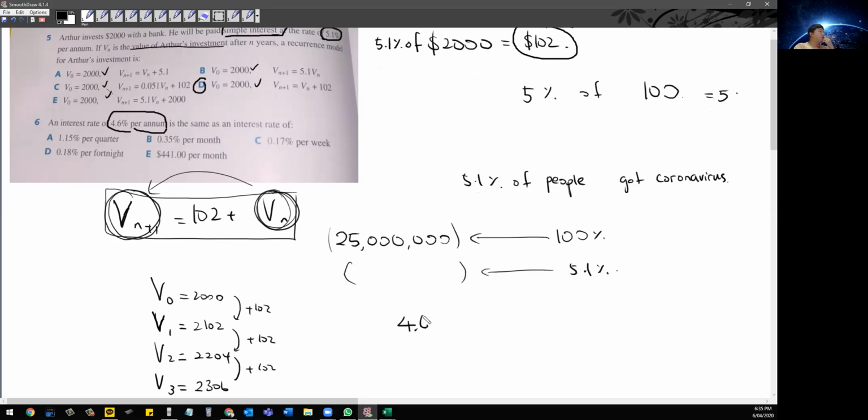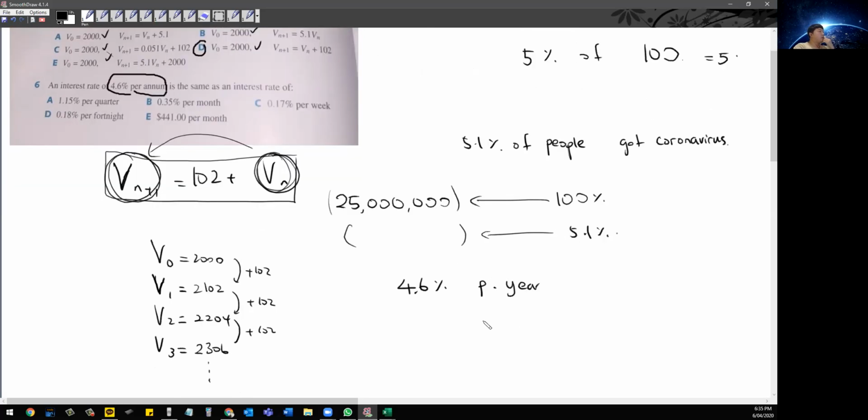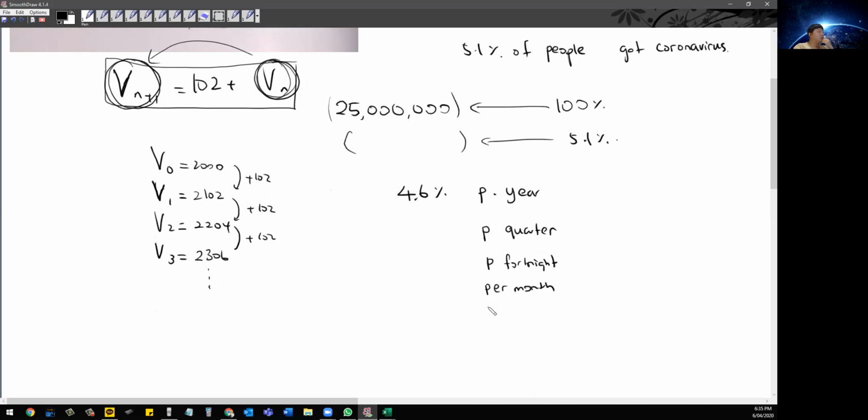So 4.6% per year, and we're going to figure out the per quarter, per fortnight, per month, and per week. How many quarters are there in a year?